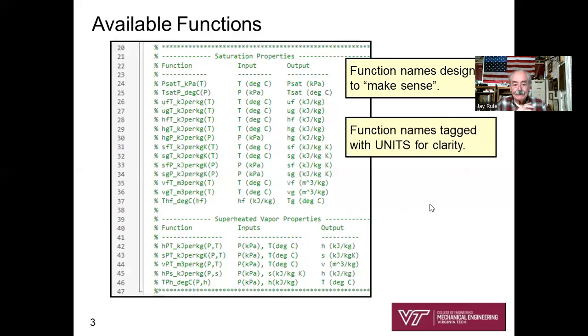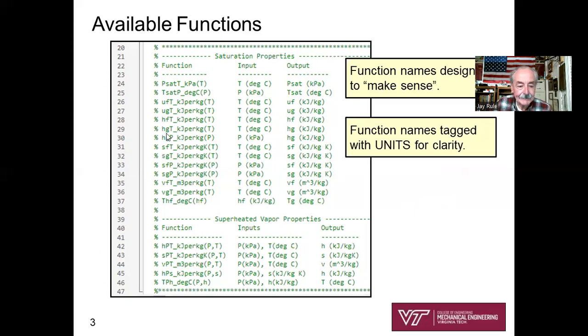Now, this should look very, very familiar to you if you've been through the steam tables video. In fact, it's basically a repeat of the functions that are available. And remember, I've designed them to kind of make sense. So let's drop down to one I haven't talked about. Let's say HGT in kilojoules per kilogram degree K. The function name is HGT.